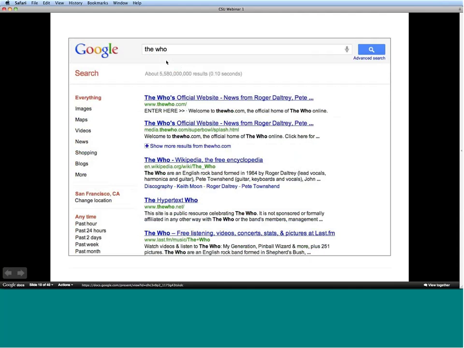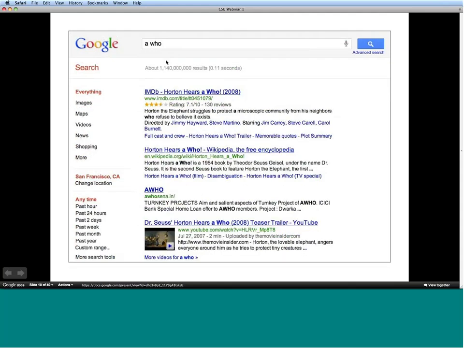And of course, there's another distinct difference if someone searches for a who, which of course finds Horton Hears a Who. So we've found that people who come searching for onion want something significantly different than the onion. And for that reason, your stop words, the little words, do matter in a Google search.